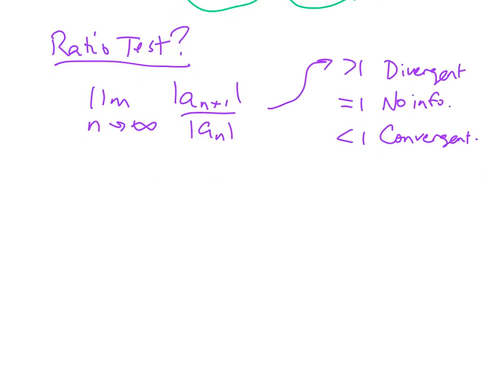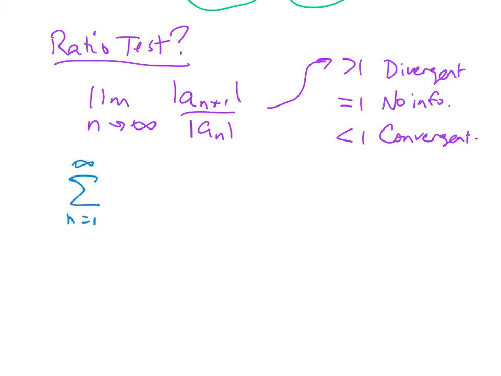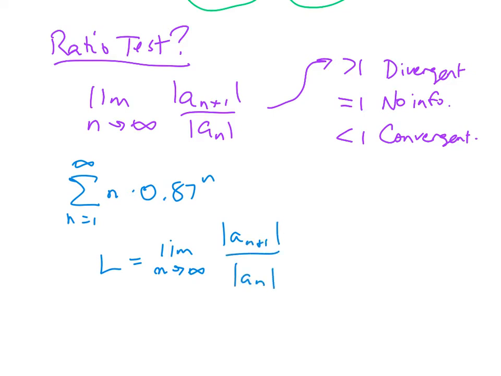Anyway, let's see what happens if we use the ratio test on this series. Now remember, the series I was working with was the sum from n equals 1 to infinity of n times 0.87 to the n. So this limit that I'm going to calculate with the ratio test is the limit as n goes to infinity of a sub n plus 1 over a sub n.